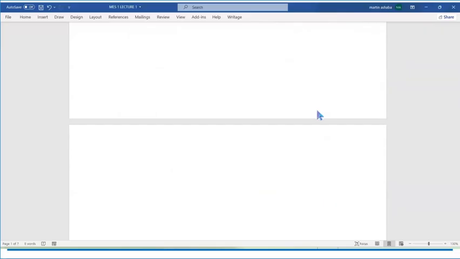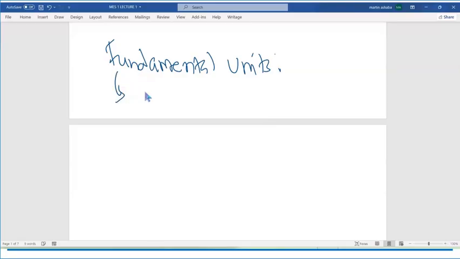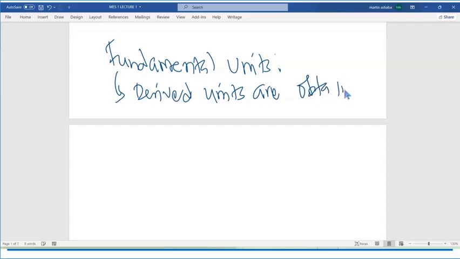So we talked about fundamental units. So these are the units from which derived units are obtained. So derived units are obtained from these ones.